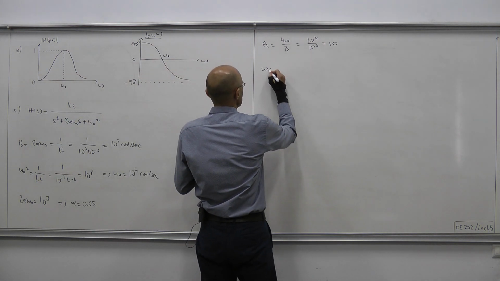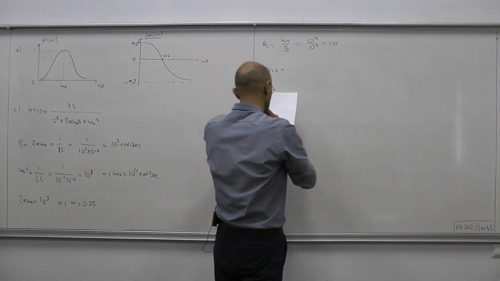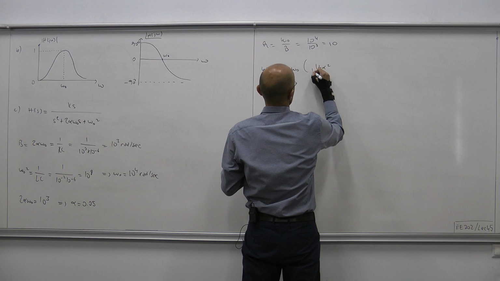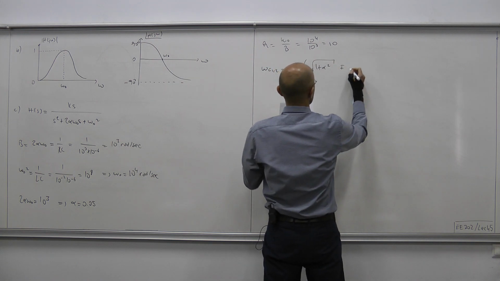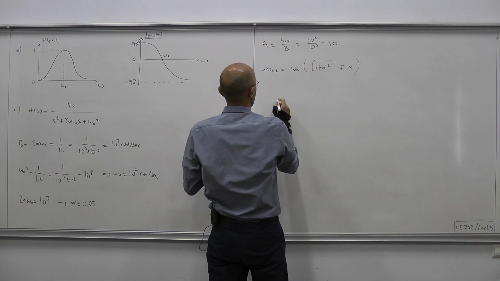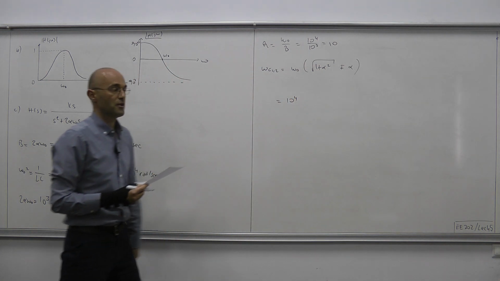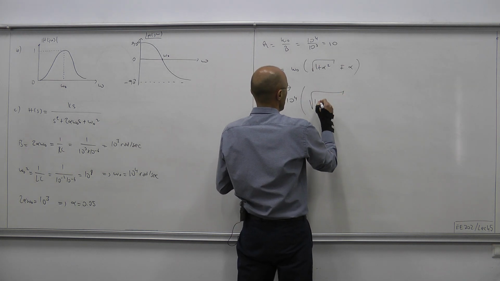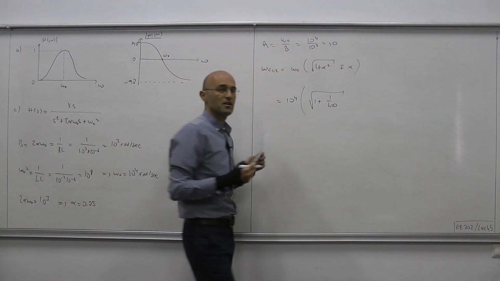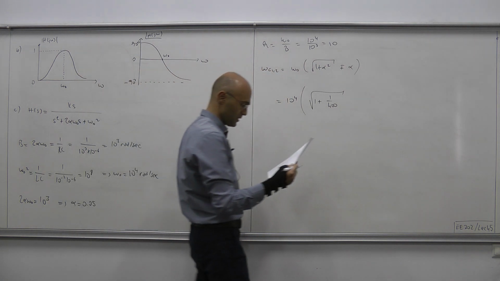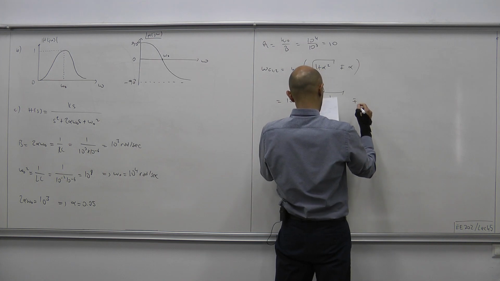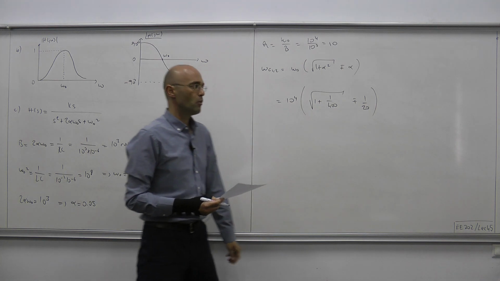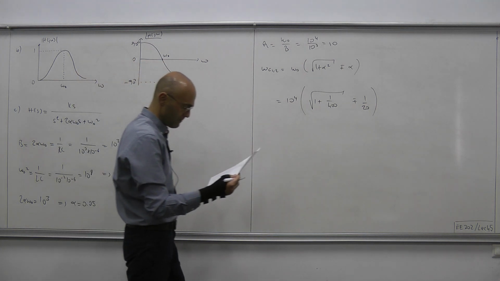And as for the cutoff frequencies, omega C1,2 equals omega 0 times the square root of 1 plus alpha squared, plus minus alpha. So that equals 10,000, which is our omega 0 value, times the square root of 1 plus 1 over 20 squared, so 1 plus 1 over 400, plus minus 1 over 20. Well, this can be approximated as 1, because 1 over 400 is quite tiny.